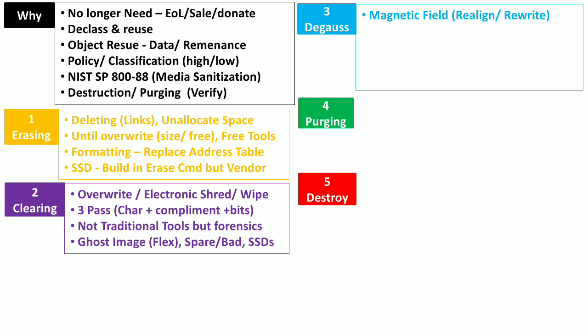Now degaussing is for magnetic media, and in this process we use a powerful magnetic field to realign or rewrite the magnetic field of the magnetic storage media. So this only affects the magnetic storage media, for example hard drives, floppy drives, or tape drives.